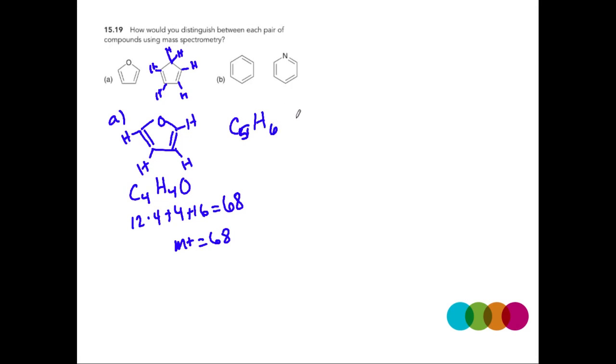So that's going to give us 12 times 5 plus 6, which is 60 plus 6, which is 66. So we could expect our molecular ion peak to show up at 66 for cyclopentadiene. So we could easily distinguish between these two molecules in mass spectrometry.